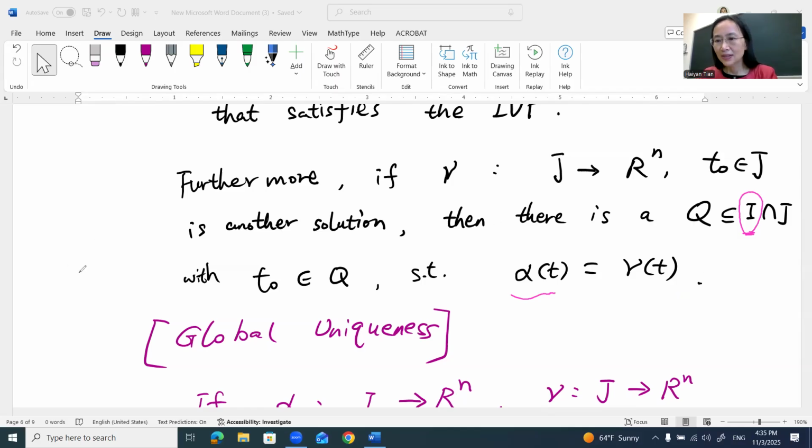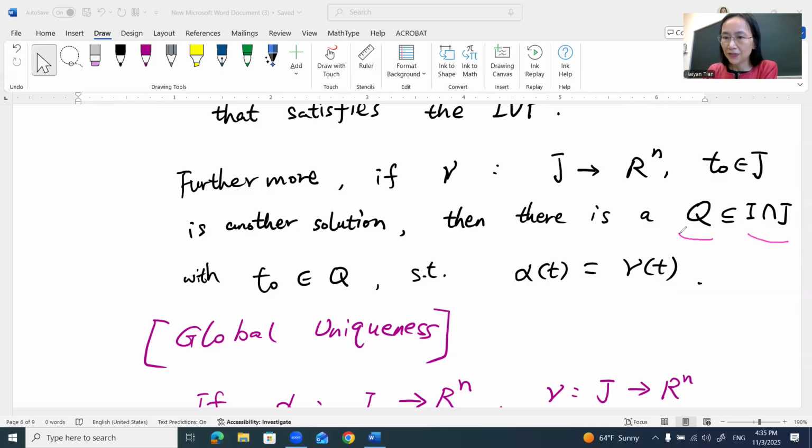Gamma is the solution defined on J, and alpha is the solution defined on I. However, I and J have a common point, because t naught is in both I and J. That means the intersection is not an empty set.